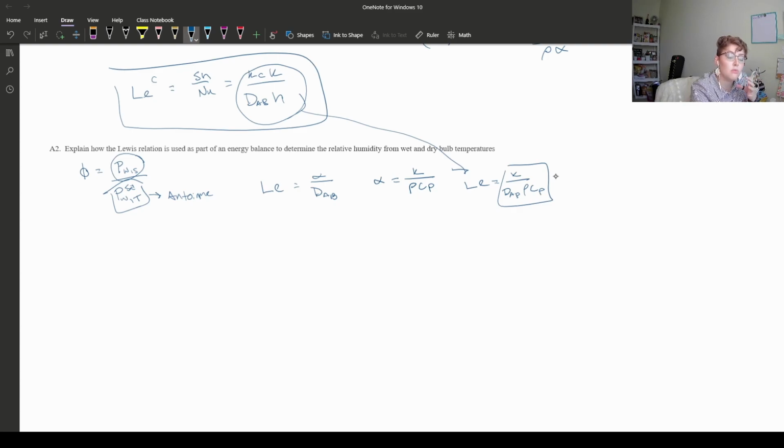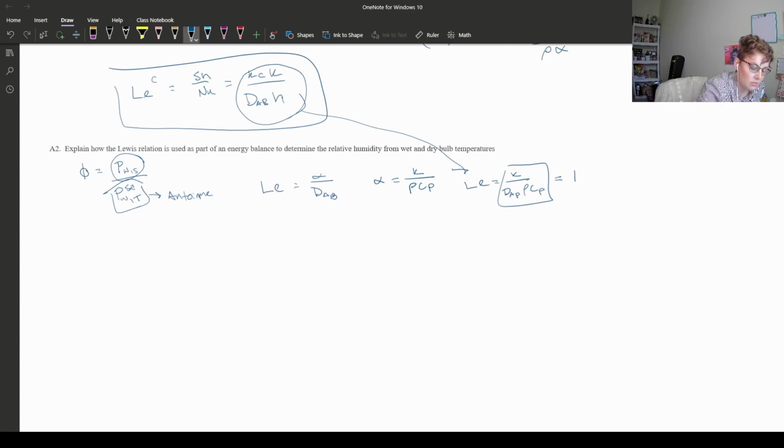And what you're going to find is that when you plug this in for moist air, the Lewis number is actually equal to 1. And that allows us to do a couple of things, rearrangement of equations that allow us to set things equal to each other, which is really helpful in the scheme of moist air.